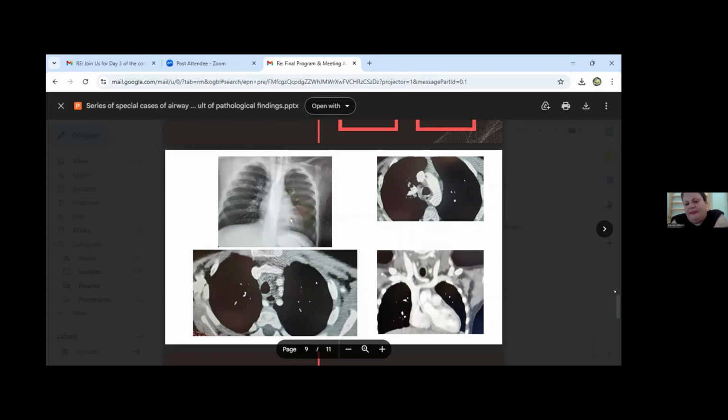The arch of the aorta didn't go in the correct tract, and the descending aorta didn't go in the correct tract, but was a little bit posterior and inferior to the correct way, and this brings the child a compression.